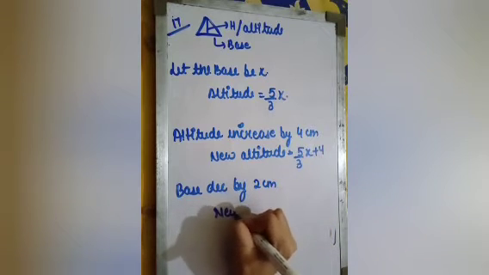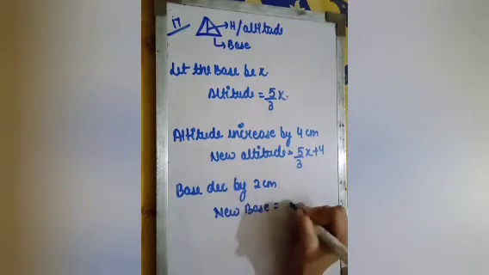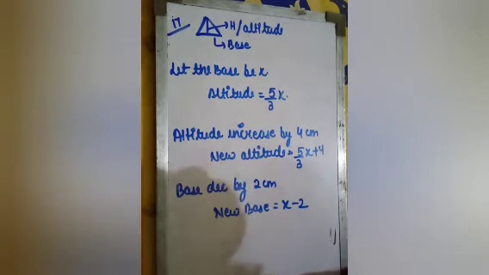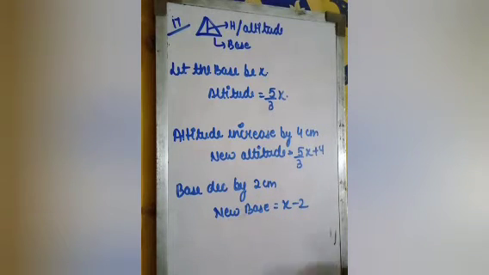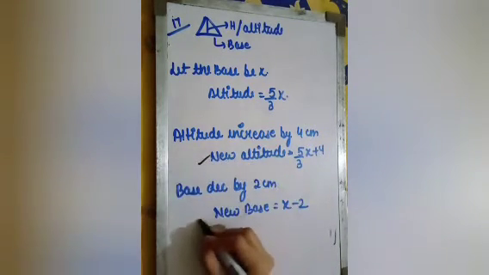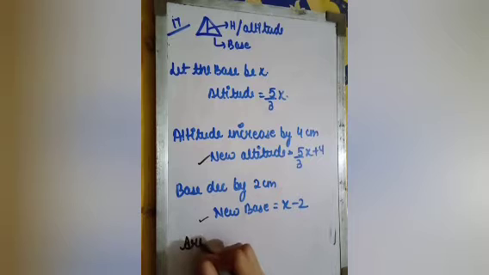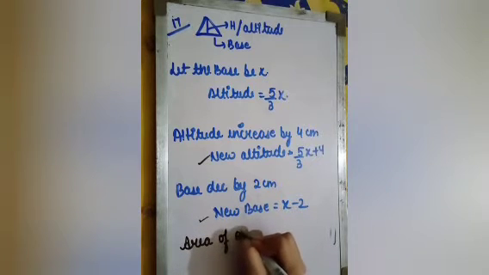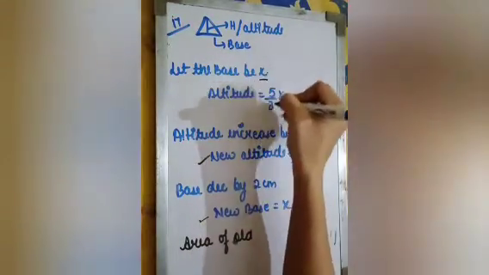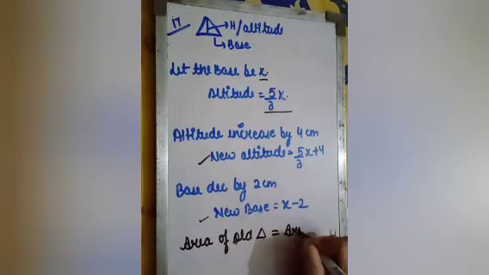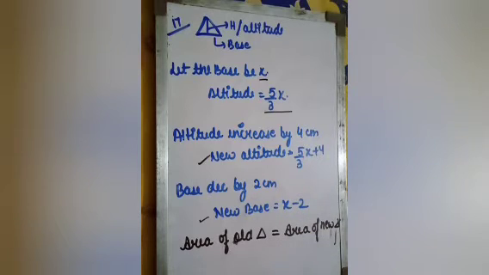So new base will be x minus 2. Now the area of the triangle remains the same. See, this new altitude and this new base will form a new triangle. So they are saying area of old triangle means the triangle with base x and altitude 5/3x will equal to the area of new triangle. This condition is given.